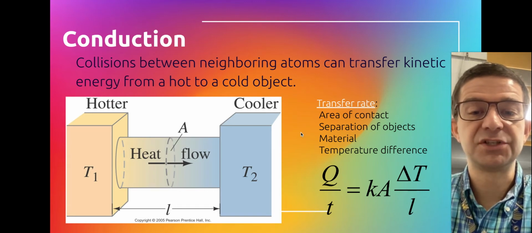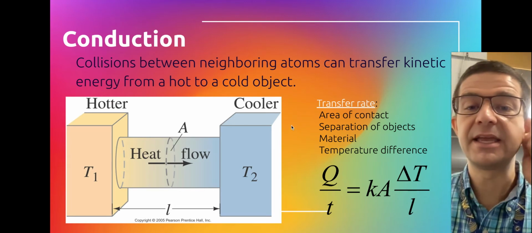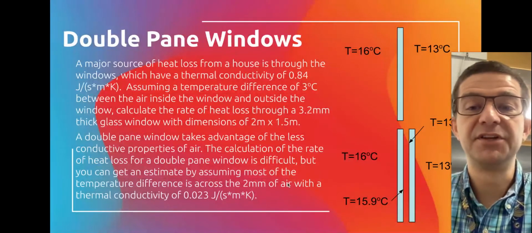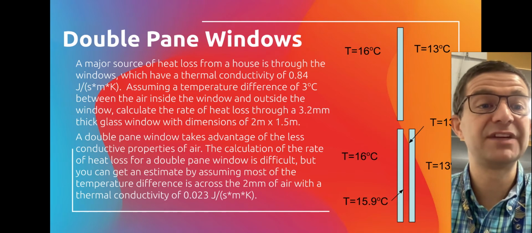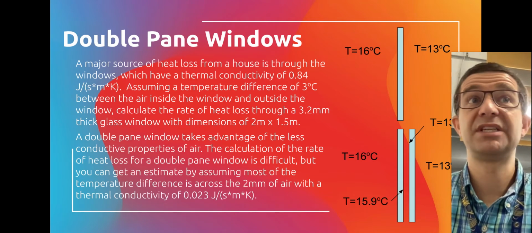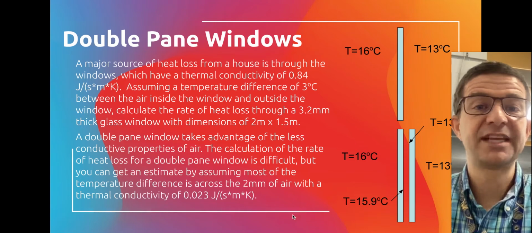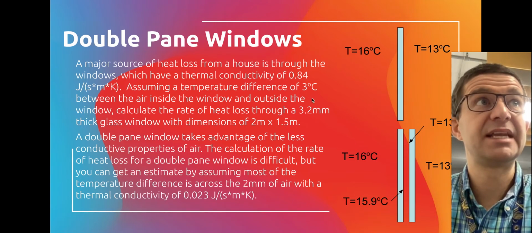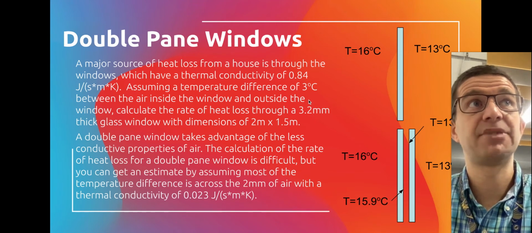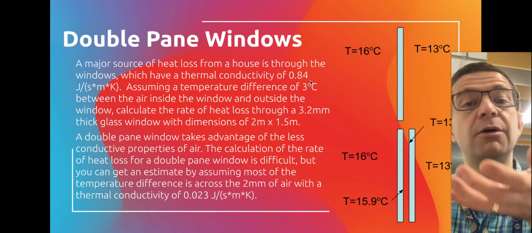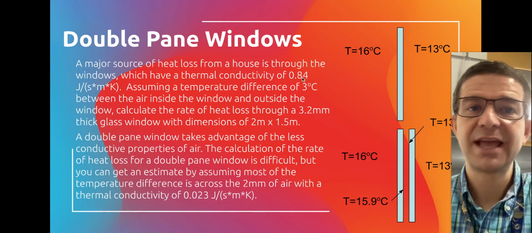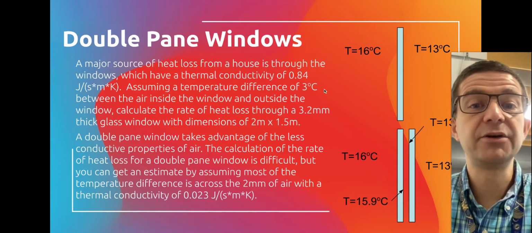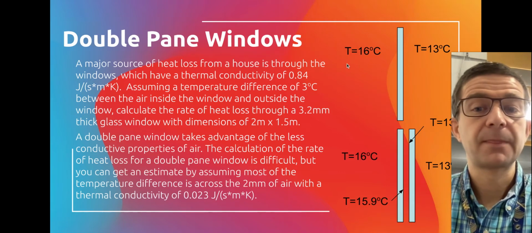One of my favorite places to apply this is to think about the design of windows. In our country, Malaysia, there's not a lot of need to design windows particularly well in a very temperate climate. But if you have windows in a cold weather climate where you need to maintain the inside at a warmer temperature than outside in order to make a house habitable, window design can be really important.